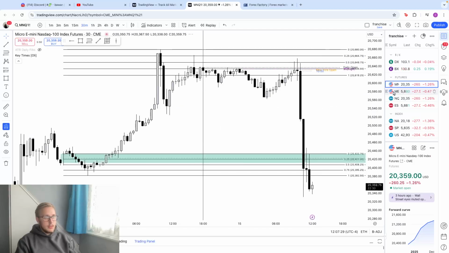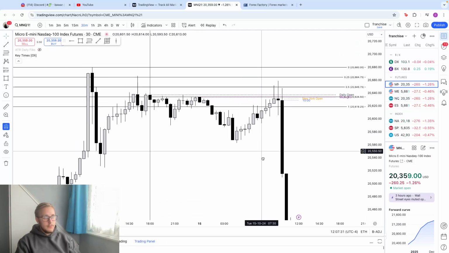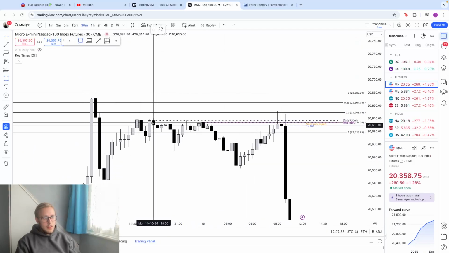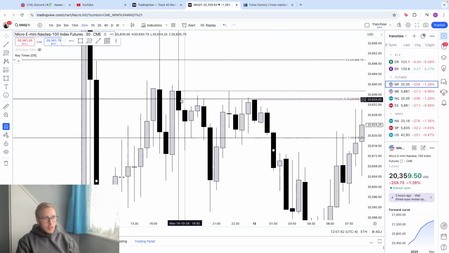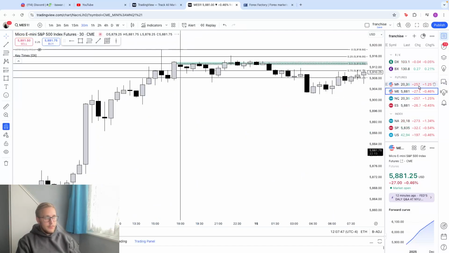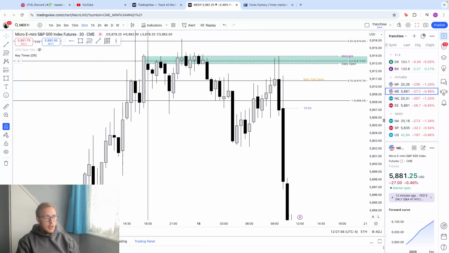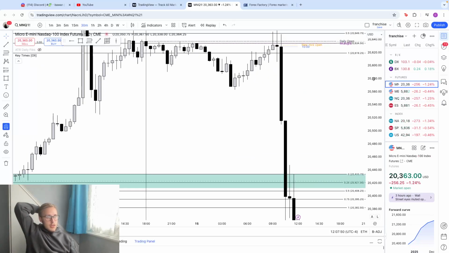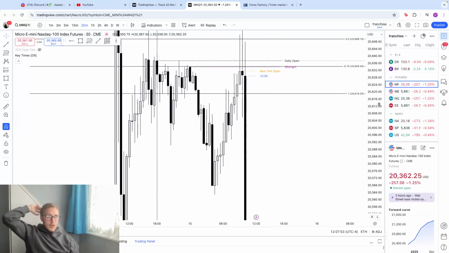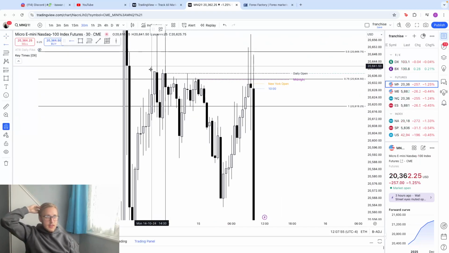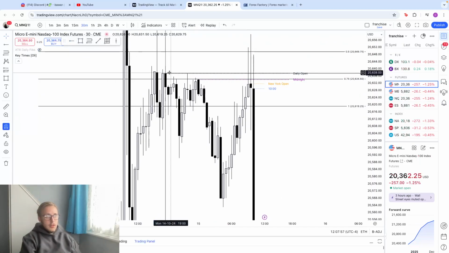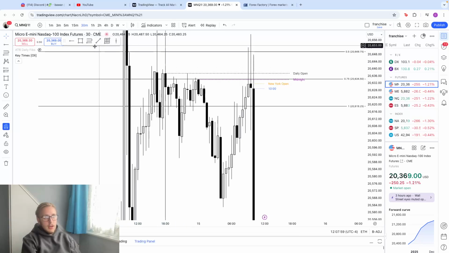Do that on NQ as well. So we closed here and open here. We've got a tiny one there. This one's a bit more prominent on ES. Honestly, can't really even see it, so I'll just mark that as a line.